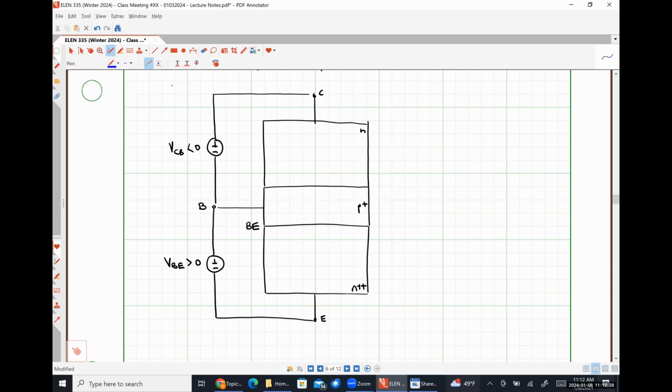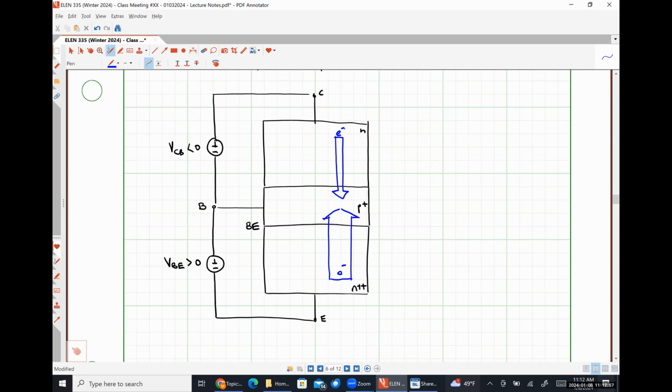So using blue for electrons, as we've been doing, we should see something like this. So here are our electrons diffusing from the emitter to the base. And then we're also going to have electrons diffusing from the collector to the base.